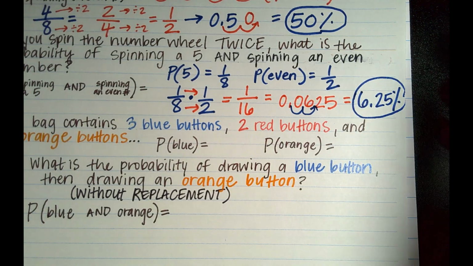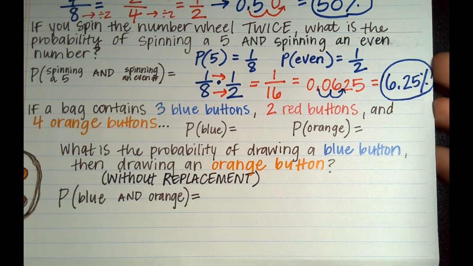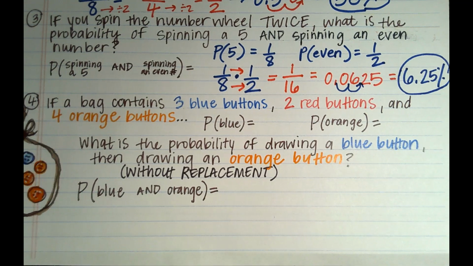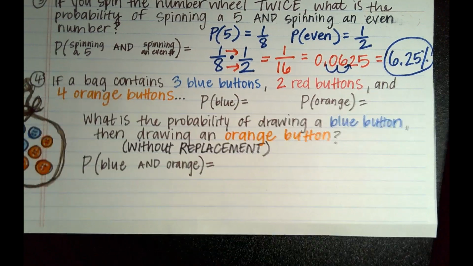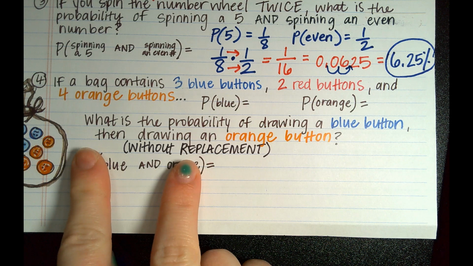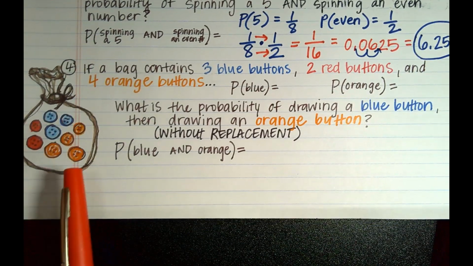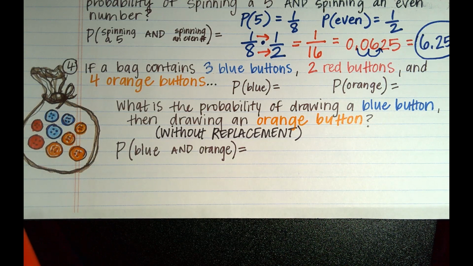So now we're going to look at the last question. And this one is just like the exit ticket we did yesterday. So if you have not completed that exit ticket, this problem will be helpful. So I drew you a little picture of a bag full of buttons.